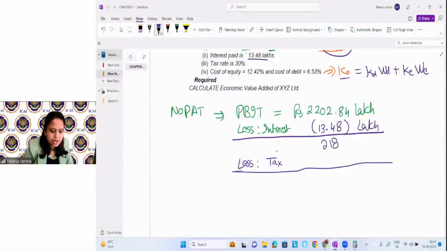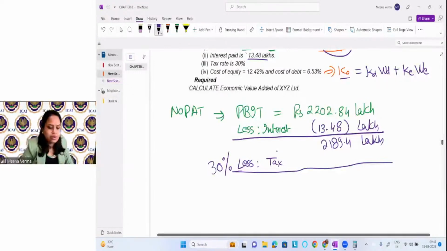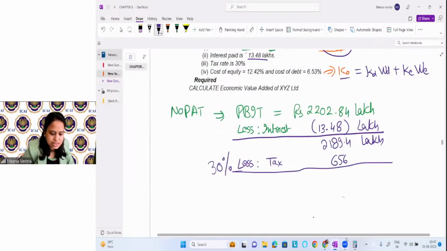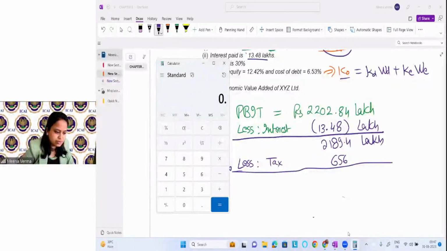This is coming as 2189.4 lakh. This is what coming. And now find the tax. What is the tax here? 30% is the tax. Right? 30% is the tax. Okay. So we will calculate it. Six five 6.808.